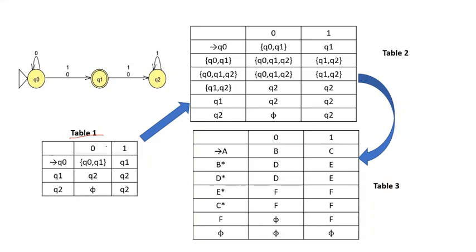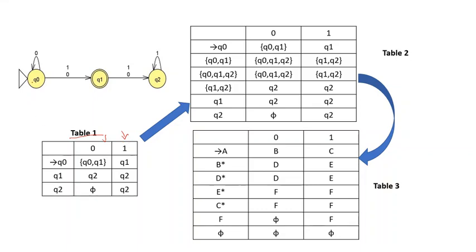In each column we write each input symbol, and the first column shows the names of the states, and the remaining columns show the transition upon taking each of the input symbols.